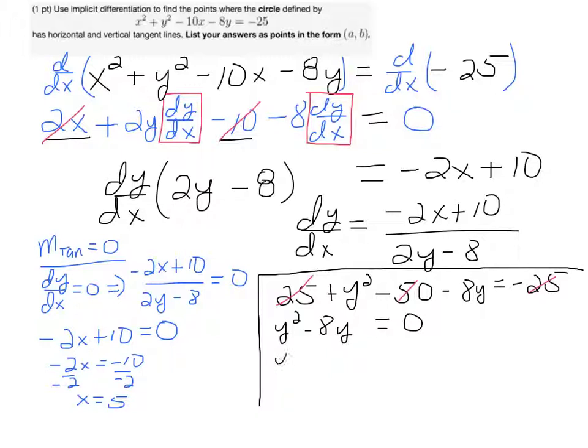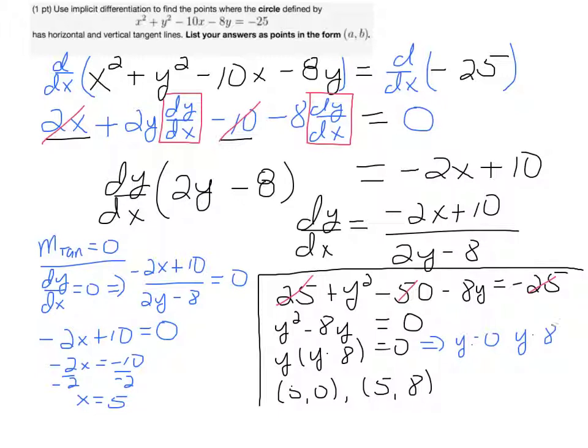And if I factor out a y, so when x is 5, we have y is 0, or when x is 5, y is 8. I got that from solving this equation, because this claims that y is 0, or y minus 8 equals 0, so y is equal to 8.